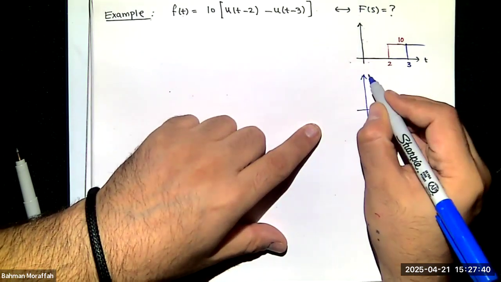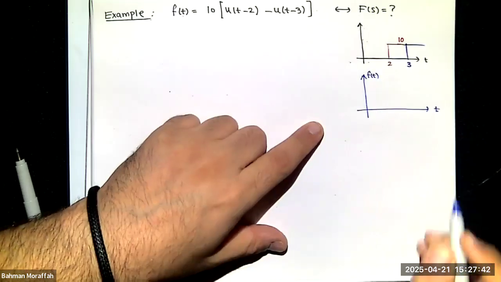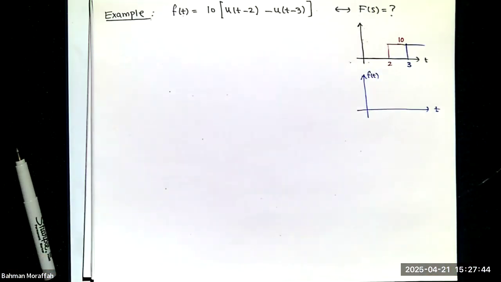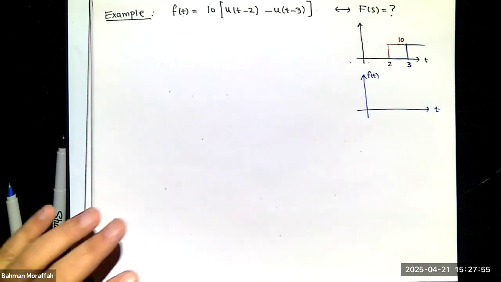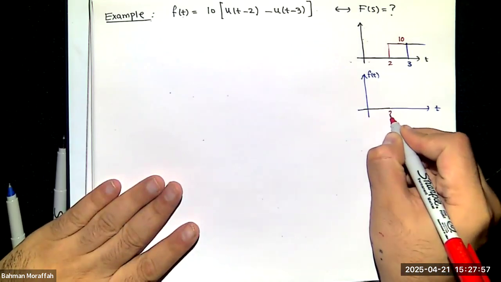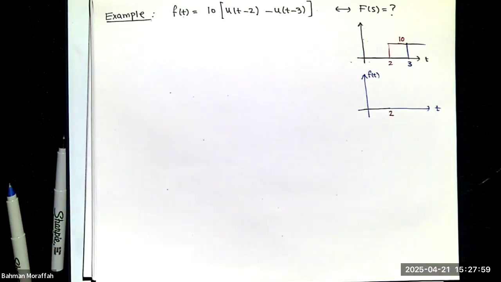So if I plot it, for all the times from negative infinity to 2, what am I subtracting? I'm subtracting 0 from 0. So my function is 0. For all the times greater than 3, what am I doing?